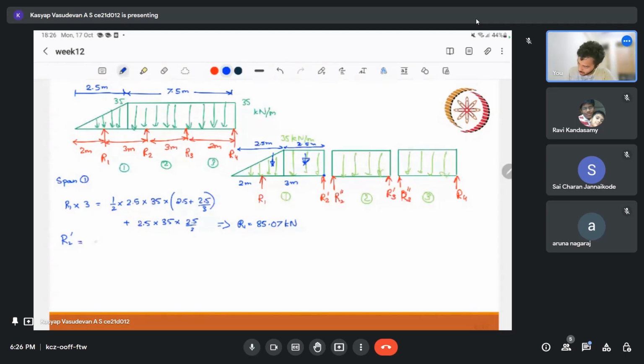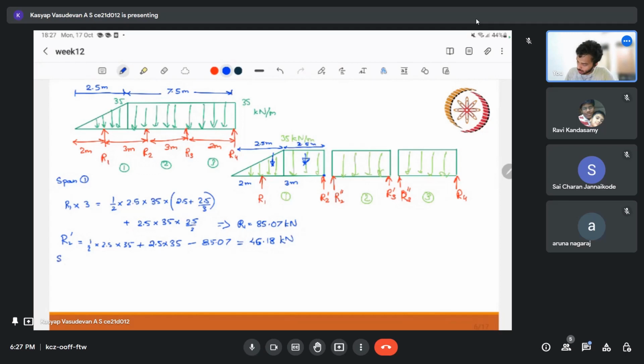The total load is half into 2.5 into 35 plus 2.5 into 35 minus 85.07, that is our R1. This will be equal to 45.18. Let me just confirm that. Sorry, it's 46.18. So R2 dash we have.